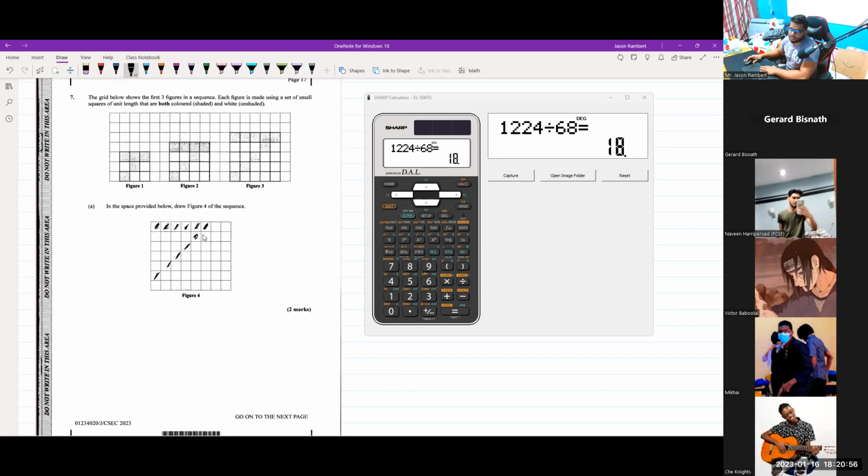No matter where you start. 1, 2, 3, 4, 5. So this is going to be 4 by 4, 5 by 5, 6 by 6. Check.